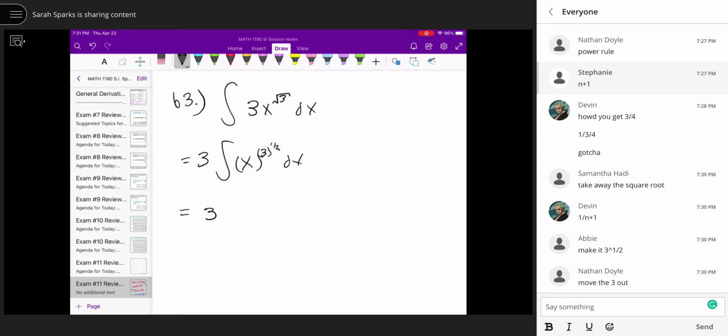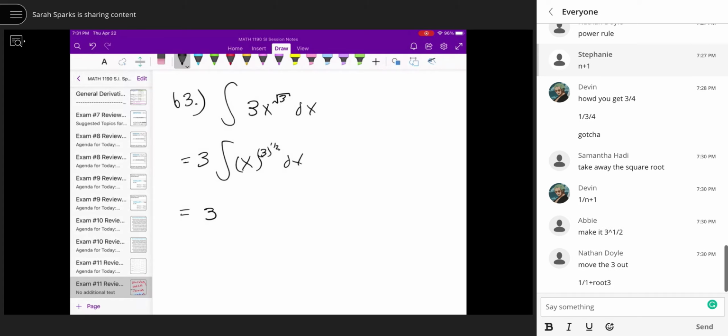It's not a trick question, I promise. Yeah, it's just going to be root 3 plus 1, right? Right, so we're going to have this 3 over root 3 plus 1. And then our exponent's still going to be root 3 plus 1, right? So x is the root 3 plus 1.